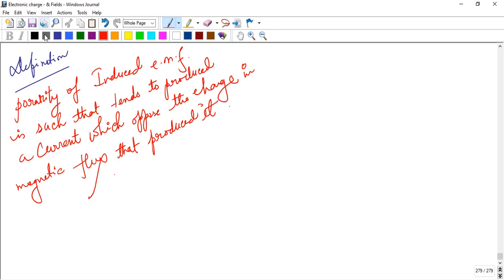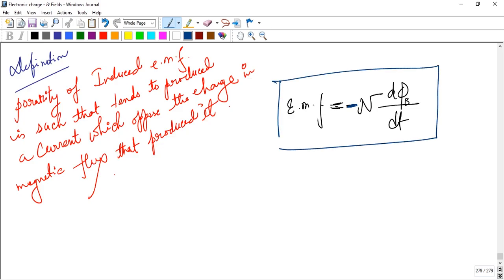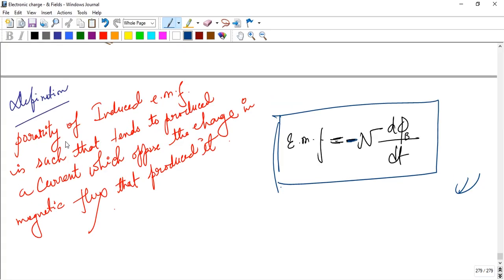And that's why EMF is equal to minus n, the number of turns in the coil, d phi B by dt. That's why you get a minus sign. This minus sign is from Faraday's law. Clear? And Lenz's law defines the direction of the current.